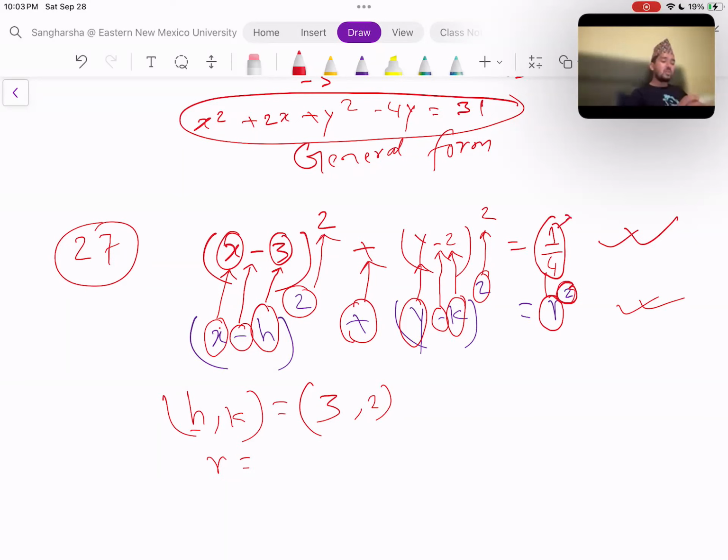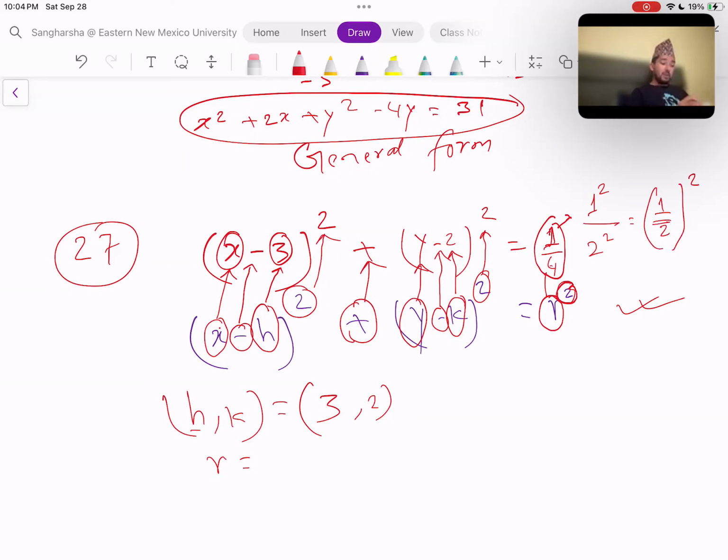Square of what number is 1/4? Square of 1, so I can rewrite 1 as 1 squared, and 4 as 2 squared. So 1/4 is the same as (1/2) squared.